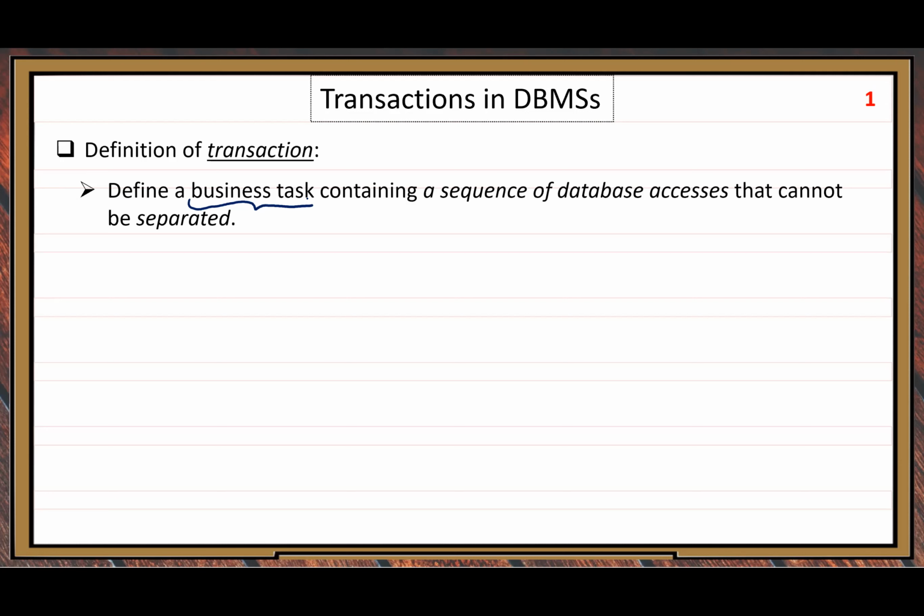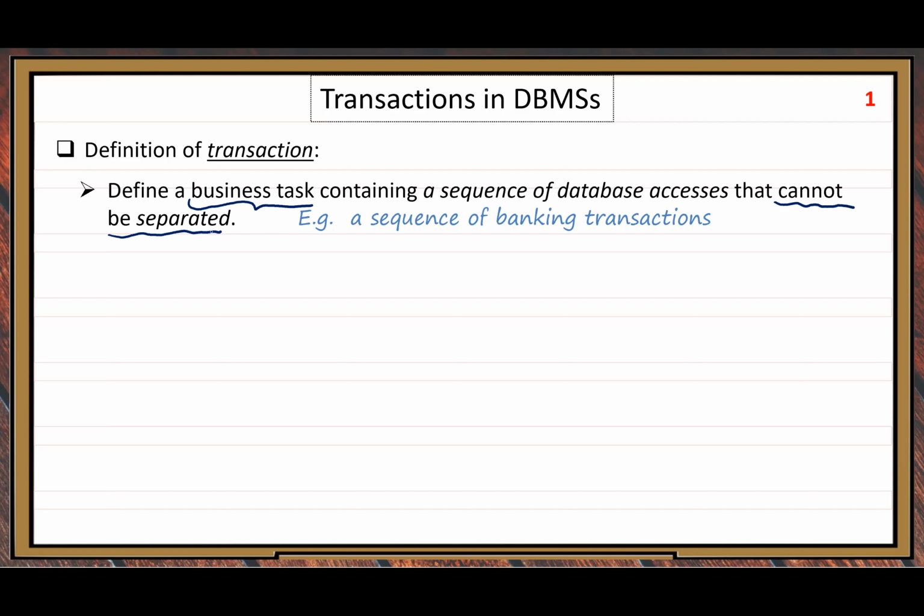And that sequence, another important thing, cannot be separated. After you get these points, then you get a basic meaning of transaction. That's the special meaning in our database concept. All right, so now let me talk about the properties. Actually, the property is already included in the sentence, but we would like to get a little more understanding.